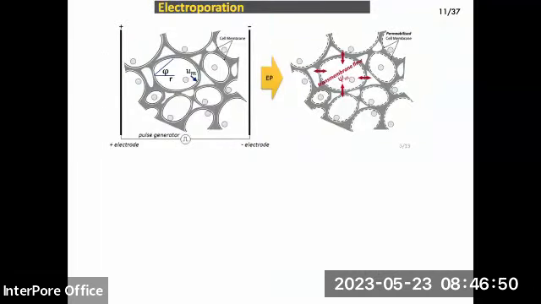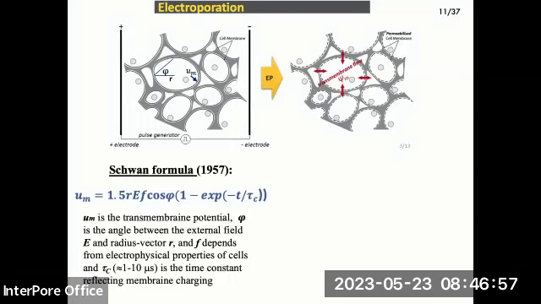It depends on the transmembrane potential. There exists a well-known Schwann formula which shows the relation of this transmembrane potential to the parameters of the electric field, from the intensity of the electric field.